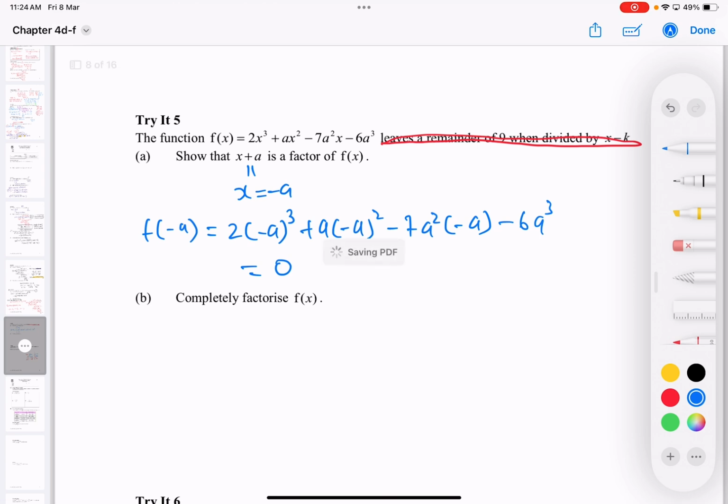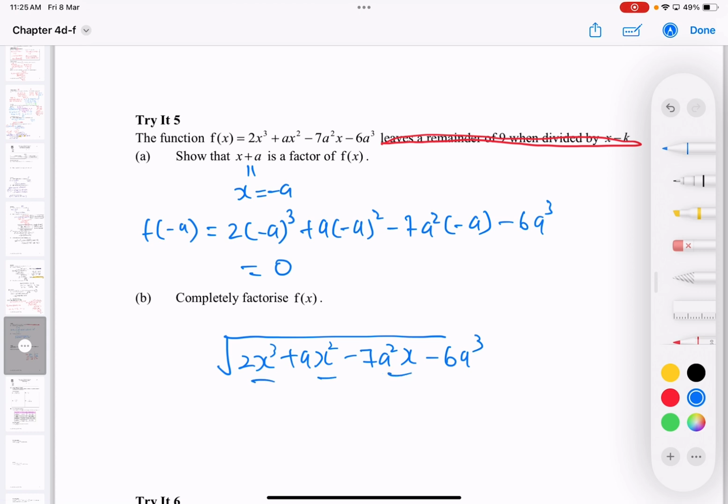Then part B. Part B is the part that some of you get a little bit confused. How do you completely factorize? If you know that the function is 2x cubed plus ax squared minus 7ax minus 6a cubed, check that all the powers of x are descending, which they are. You divide by the factor x plus a.